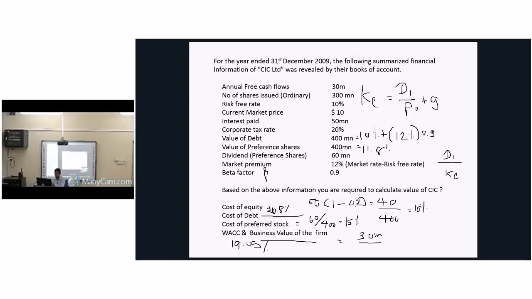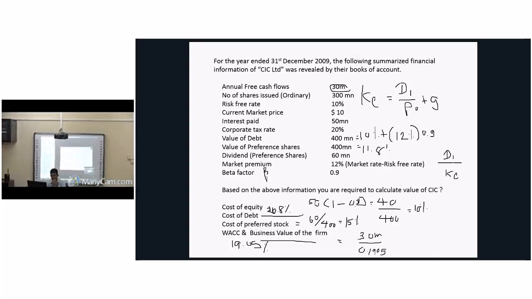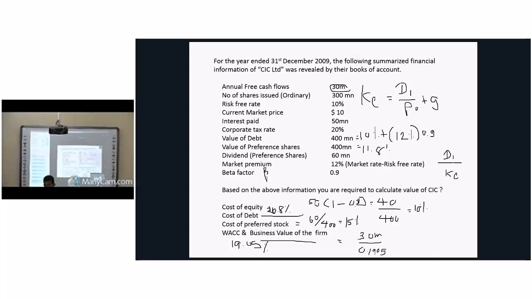If we apply the same thing to this question, instead of dividends we have free cash flows, and instead of KE we have the cost of capital of the firm. So if you divide 30 million by 0.1905, you can calculate the value of the firm with this annuity formula: free cash flows divided by the weighted average cost of capital. That will give you the business value of the firm based on this information.